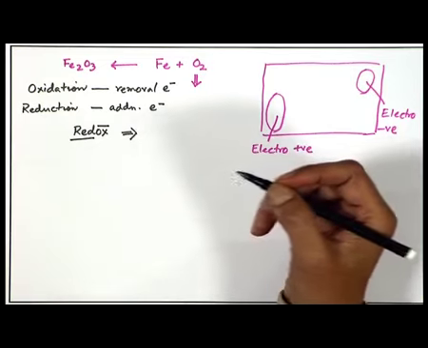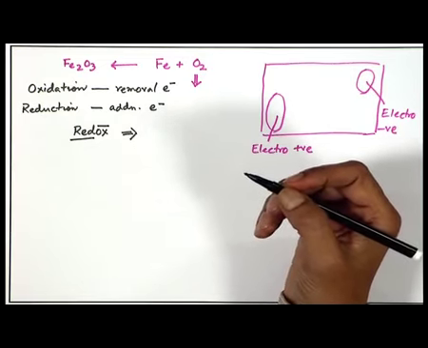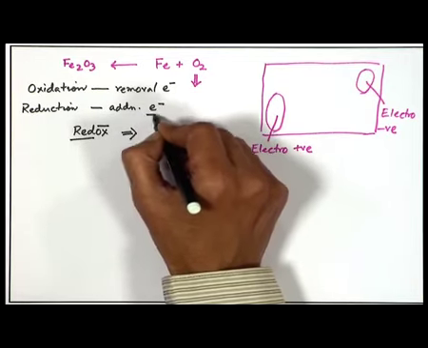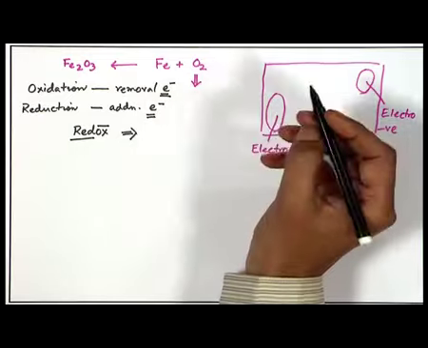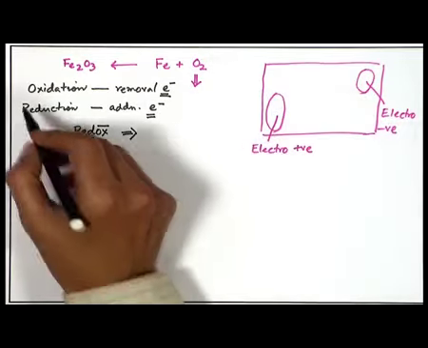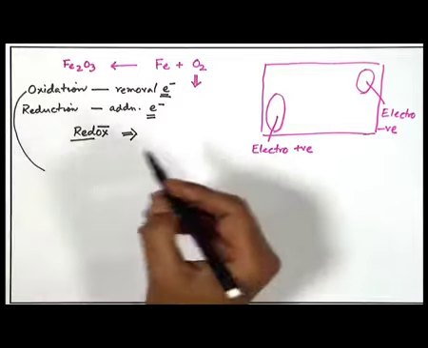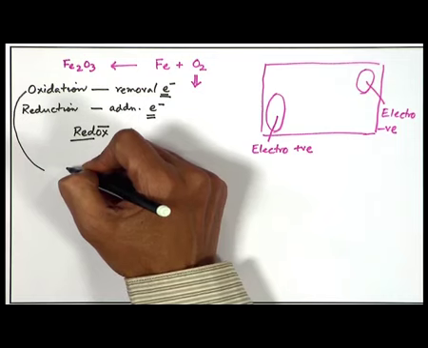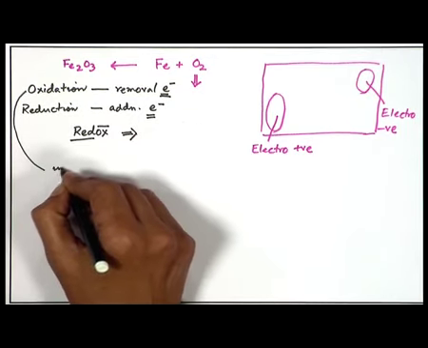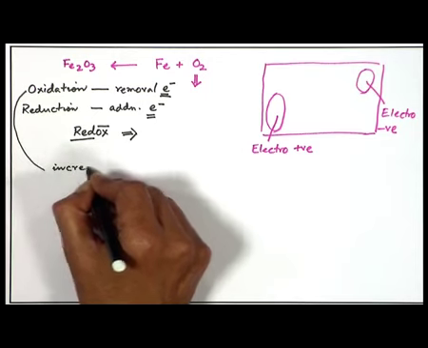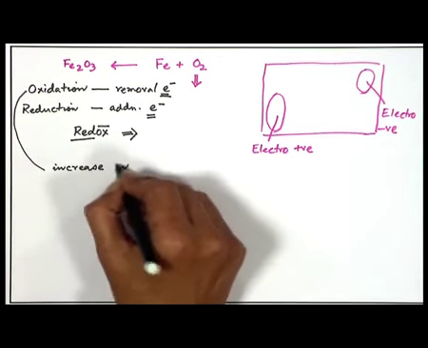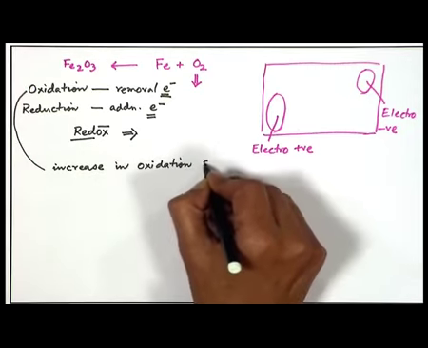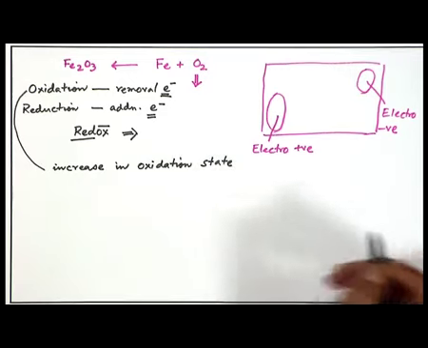Initially, what we understand is that fundamentally, redox reactions are a family of reactions where we consider the transfer of electrons. So, the oxidation process can be defined as the removal of electrons, loss of electrons, or another term we can use, an increase in oxidation state.